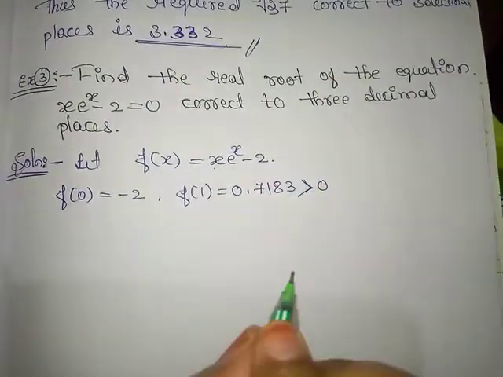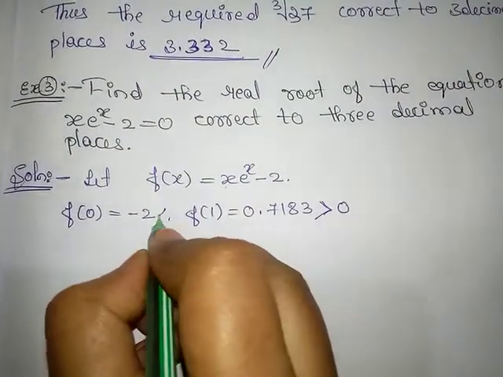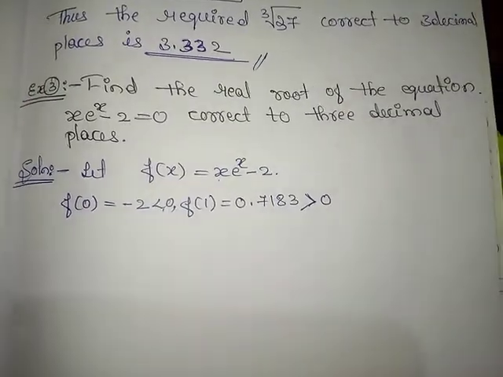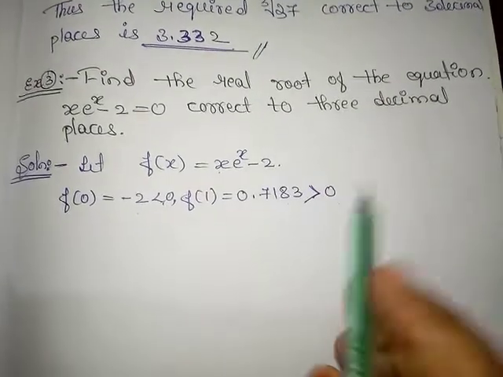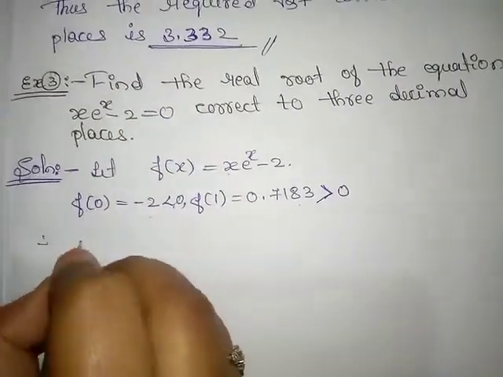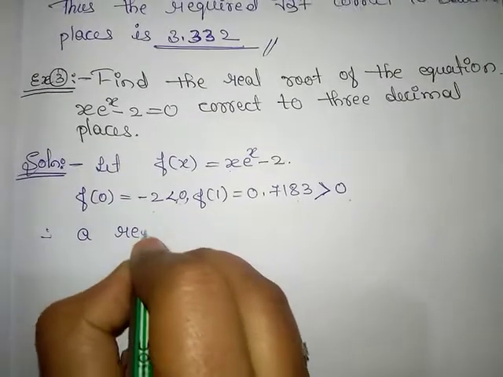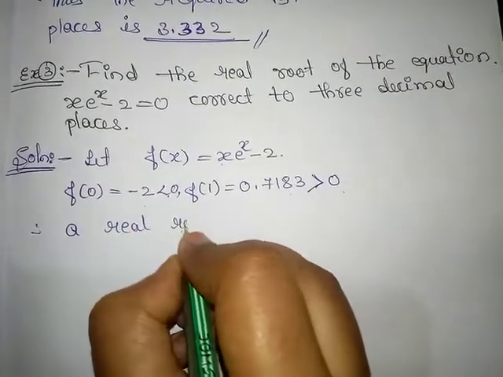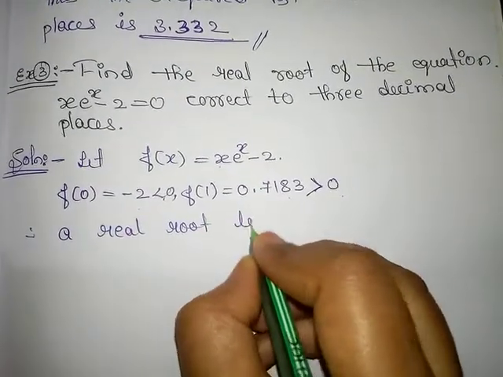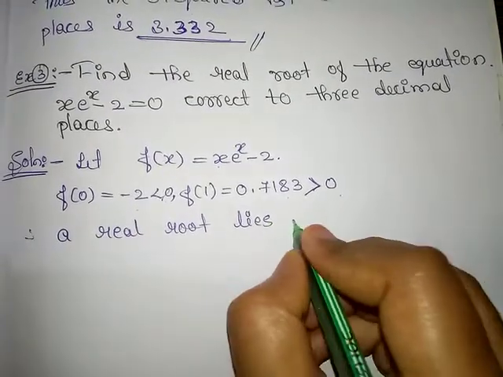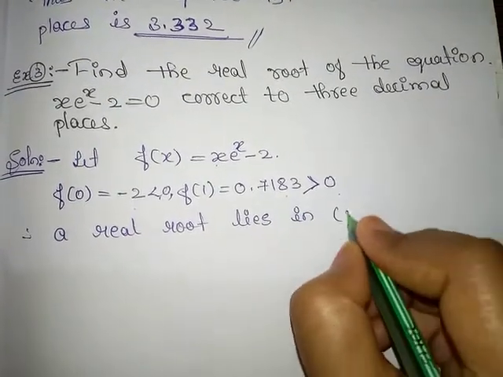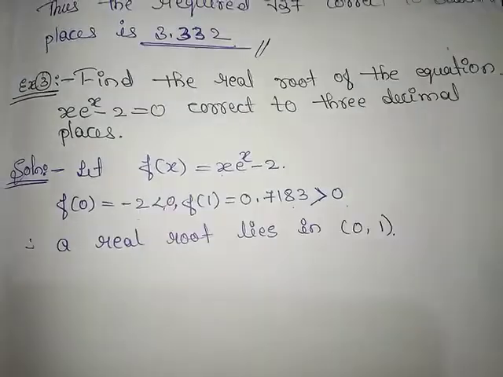Here we get the interval right at the start. Minus 2 is less than 0, and this is greater than 0. Therefore, a real root lies in the interval 0, 1.